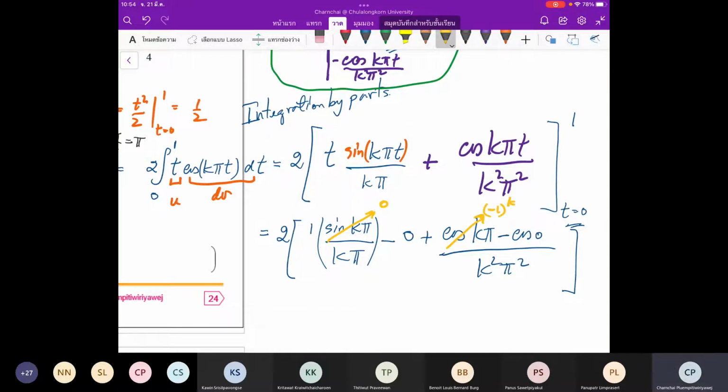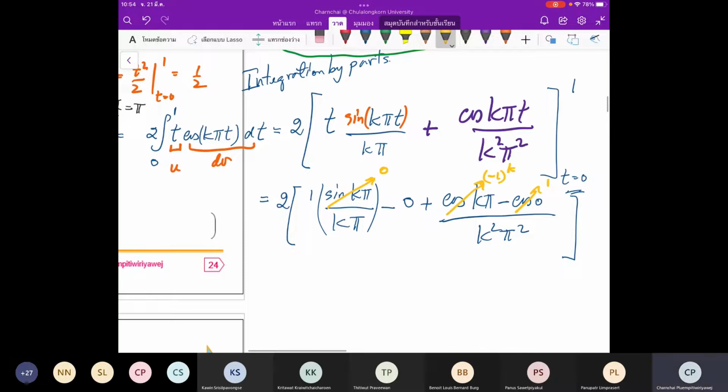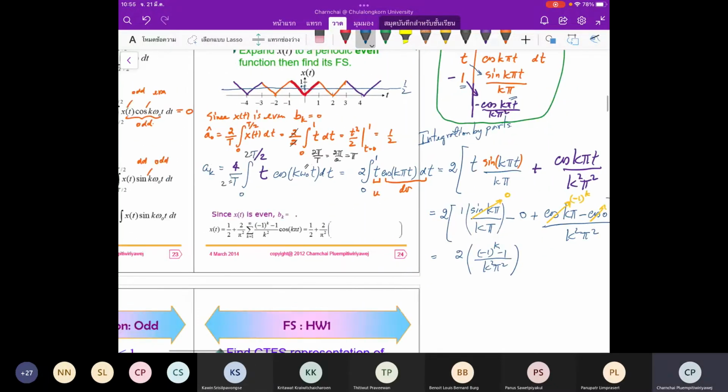Cosine of pi is negative 1, cosine of 2 pi is 1, so it's negative 1 to the k. And cosine of 0 is 1. So simplify this, we got 2 times, this whole thing becomes zeros, so you got negative 1 to the k minus 1 over k squared pi squared. And that's how we get ak.